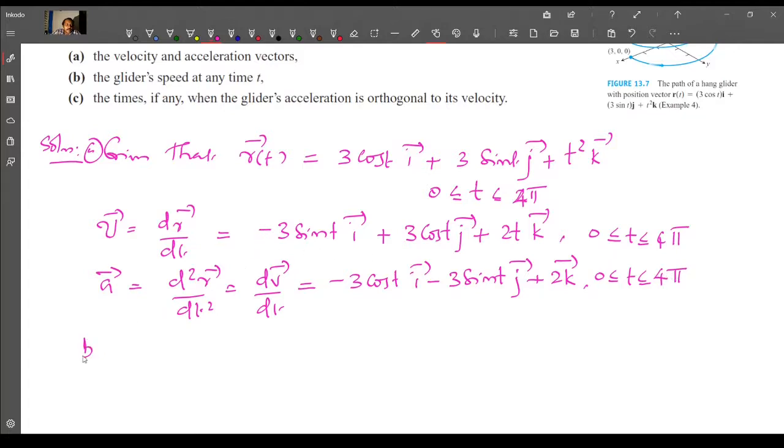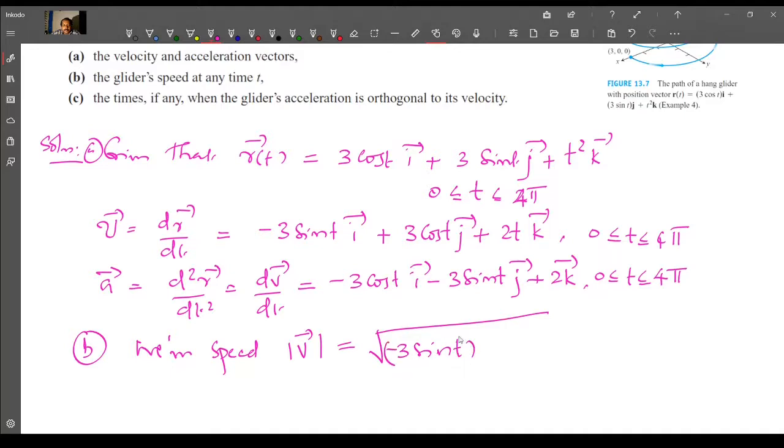Now part b, we have to find the glider's speed at any time t. We have speed equal to modulus of v. So this is equal to root of (minus 3 sin t) the whole square plus (3 cos t) the whole square plus (2t) the whole square.